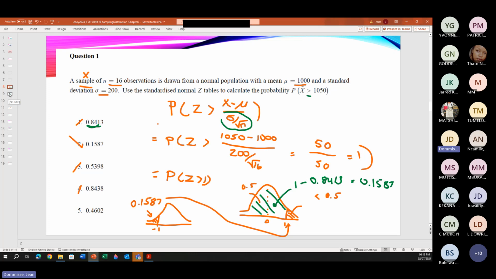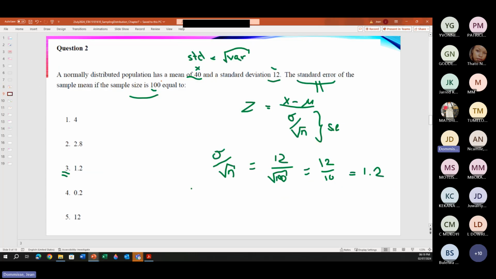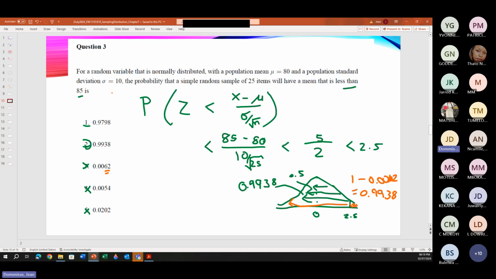So a sample of a normal distribution, standard error with a sample. Otherwise, you assume it is a population.